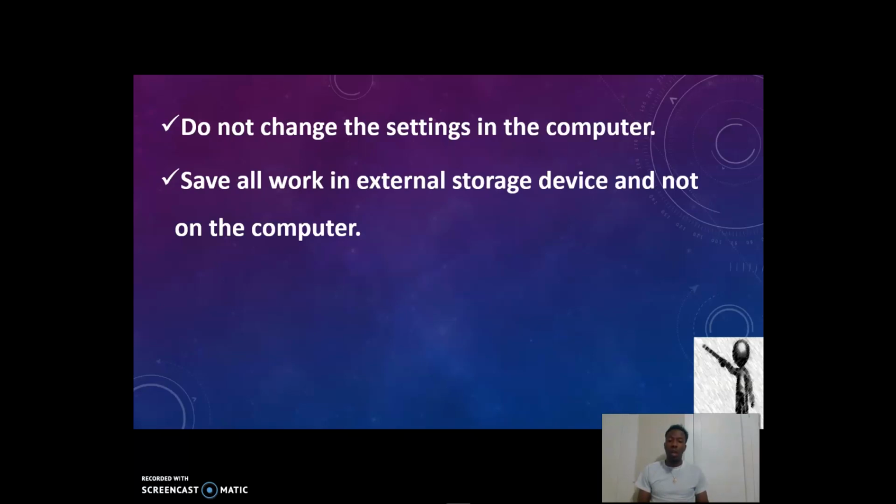Most computers in the computer lab don't tolerate you saving things to the computer directly, because if you save something to the computer directly, when the computer is turned off, then all that will be gone. It will be deleted. So it is advised that you save your work to your external device so you can have it for permanent or long-term storage.